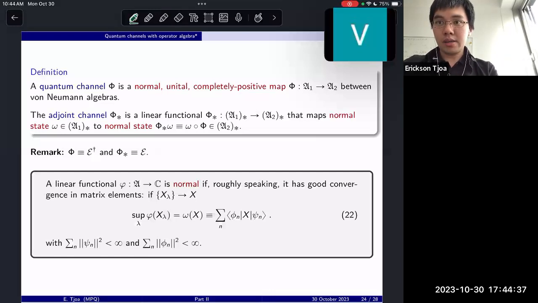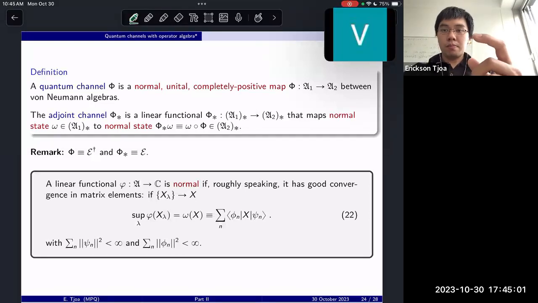The unital part is also necessary, but normality is a technical term that you need to make sure that things converge properly. So for quantum mechanical purposes, this has to do with the adjoint channel. Let me say this more carefully.